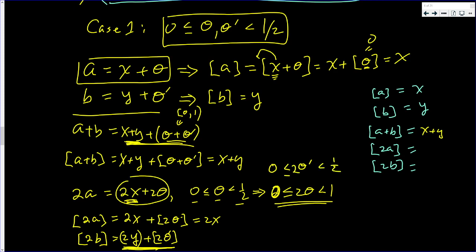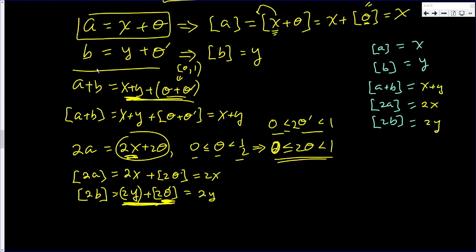We double all sides. Double 0, you still get 0. Double a half, you get 1. 2 theta prime is jammed between 0 and 1, and it's less than 1. That is, this piece here is 0. So we get 2y. So we have 2x and 2y.